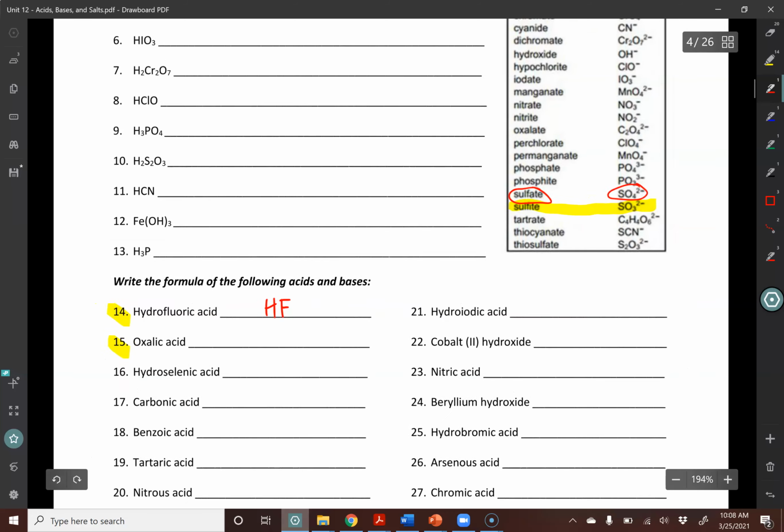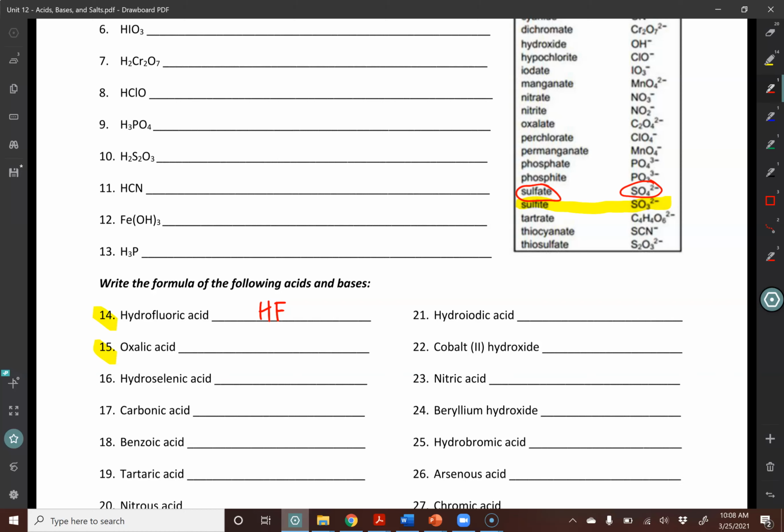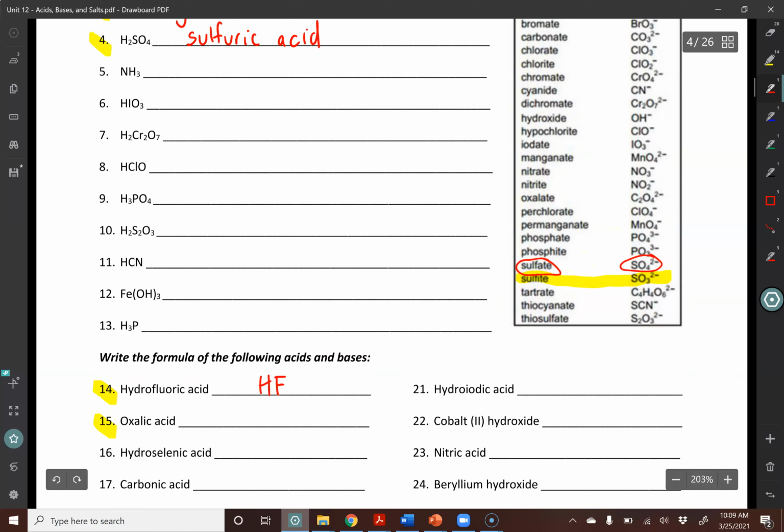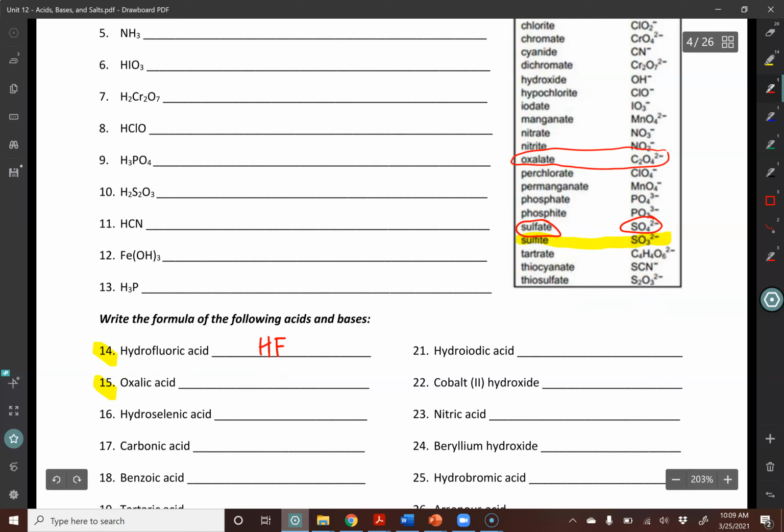Okay, so I know it ends with ic, so this must have been an ate ion to begin with. And it's got to be polyatomic because I don't have the prefix hydro. So let's see. If we look at oxalates, here we go. Oxalate is C2O4 with a charge of 2-.